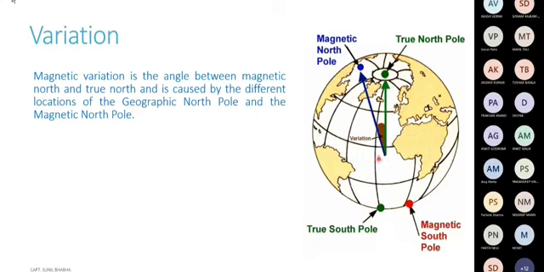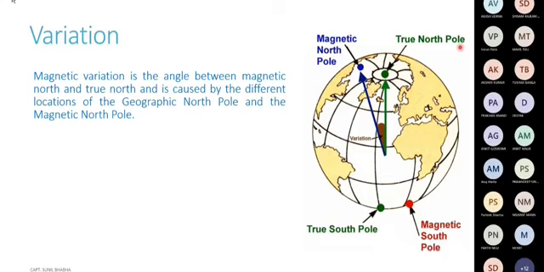So you can see in this diagram, in the green color, we have the true North Pole marked, and in the blue color, you have the magnetic North Pole marked. Now you can see they are at different locations. The true North Pole is basically the point from where the axis of the Earth passes through the Earth's surface.